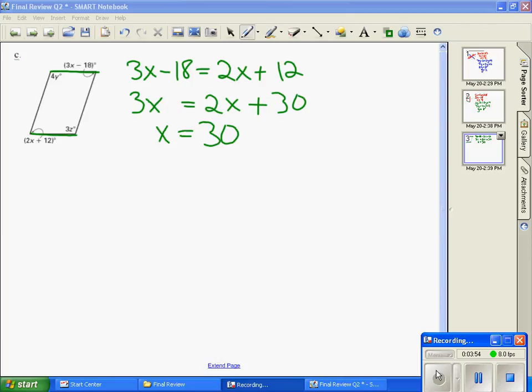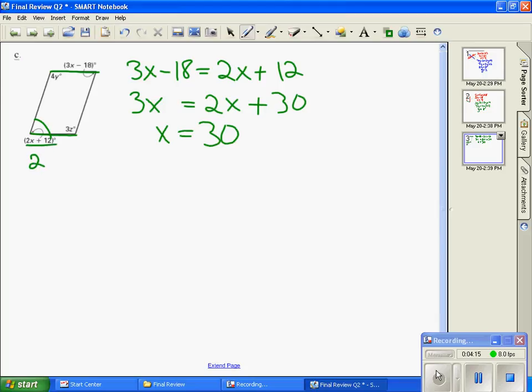To find y or z, we can't set those two equal to each other because they have two different variables, and that would not be helpful. So what we can do, though, is find the measure of this angle right here. So we know that x is 30. We can plug it into this expression right here and find the angle.